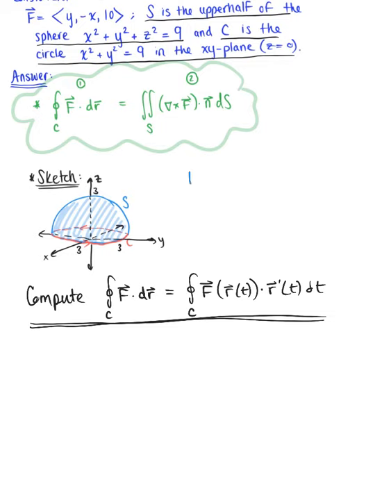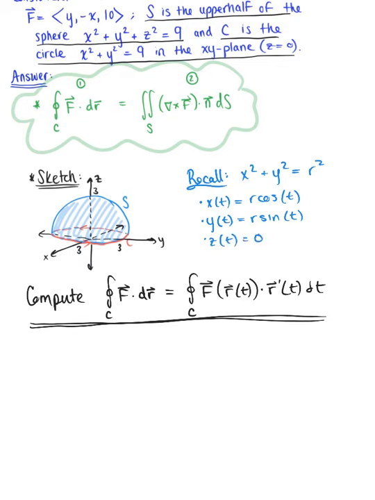And so to do this, let's recall that for a circle, x squared plus y squared equals r squared for our radius, we know that a one-parameter description of a circle is defined as x of t being equal to r times cosine of t, that the y component would be y of t is equal to r sine of t. And what would a z component be for a circle in the plane? 0. So we have z of t can be 0 because we're in the plane.